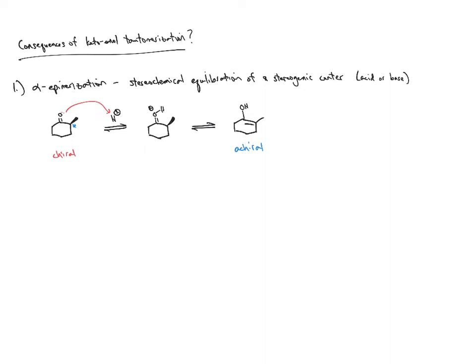And it turns out that we can't get it back. And so if we were to then reform the keto form, either by protonating from the top face or protonating from the bottom face, right, so let's say I protonate from the bottom here and the top here. If I protonate from the top face, I'm going to get a species that looks like this.